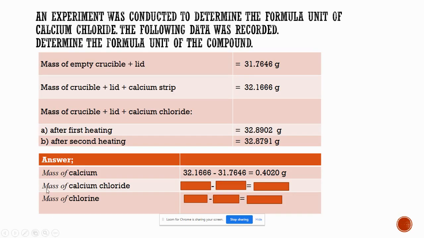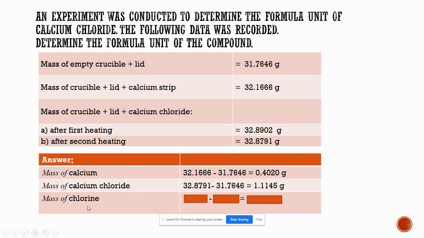Then we need to find the mass of chlorine. But before that, we must find the mass of calcium chloride first. To calculate the mass of calcium chloride, we take the mass of crucible, lid and calcium chloride after second heating minus the mass of empty crucible and lid. So the mass of calcium chloride is 1.1145 gram.